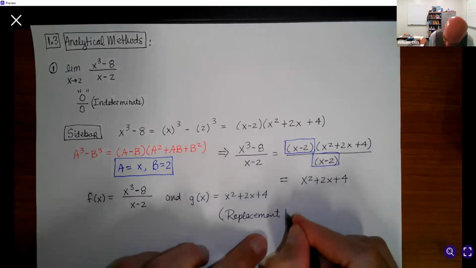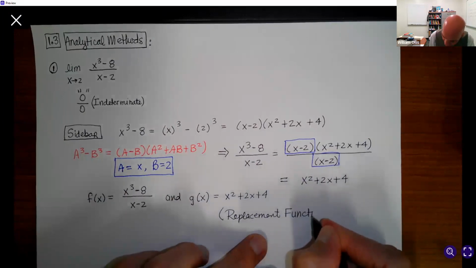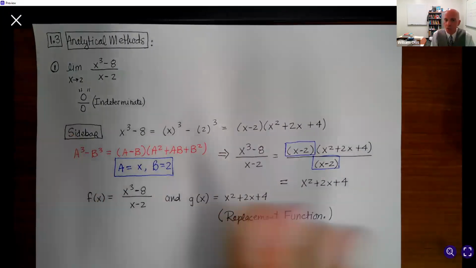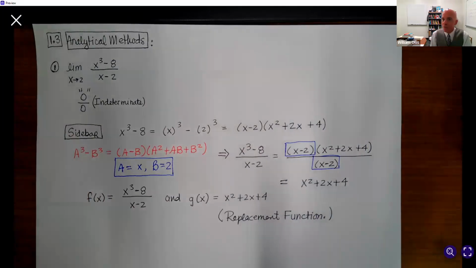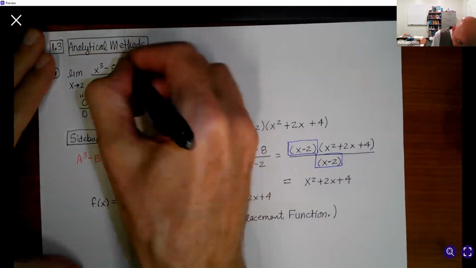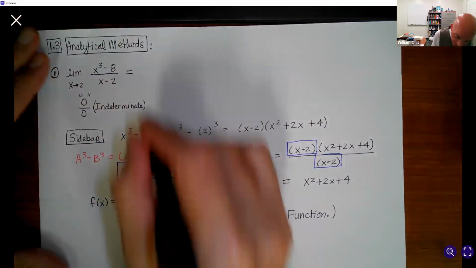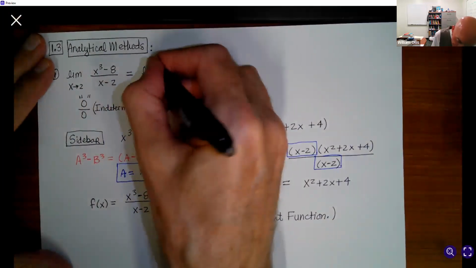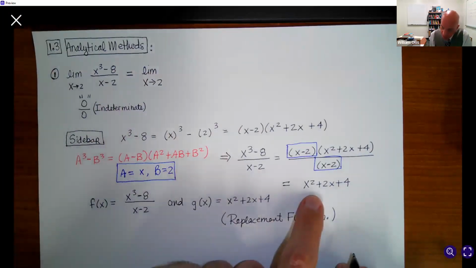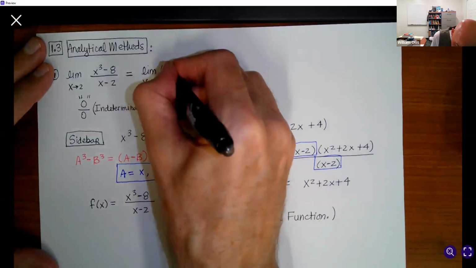Like I say, the theory can get somewhat tedious at times, so it's good to look at how the theory helps us move the problems forward, and then we can back up and look at some of the arithmetic and feel comfortable that what we're doing is correct. So now let's use the replacement function. Since x does not equal 2, equivalently by this identity, we can simply do our replacement: x squared plus 2x plus 4.